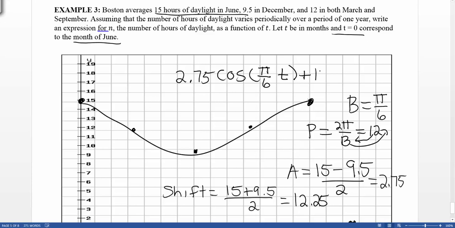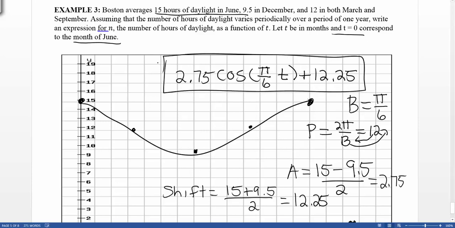I know this is shifted up because normally I live between 1 and negative 1 with cosine. If I multiply by 2.75, it would live between 2.75 and negative 2.75, and this is much higher. If I add 2.75 to 12.25, I get 15, which is my maximum and corresponds to the information I have. So the function that best models this scenario is 2.75 cosine of pi over 6 times t, all plus 12.25.